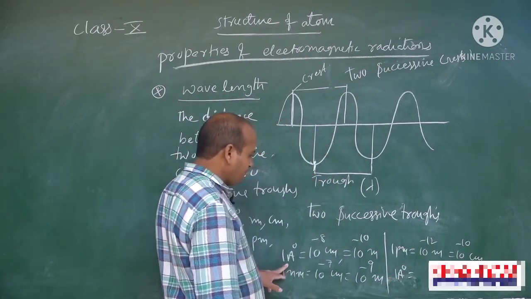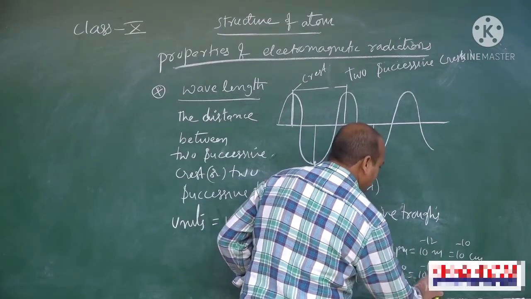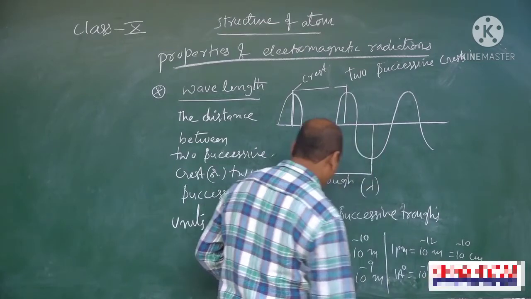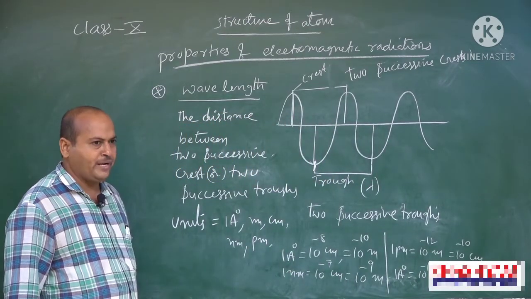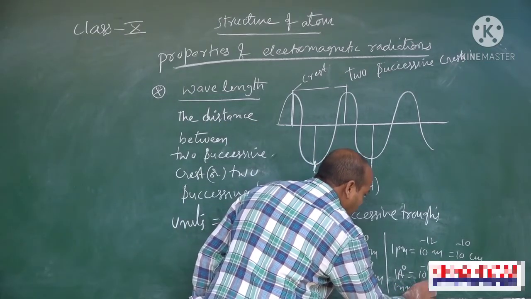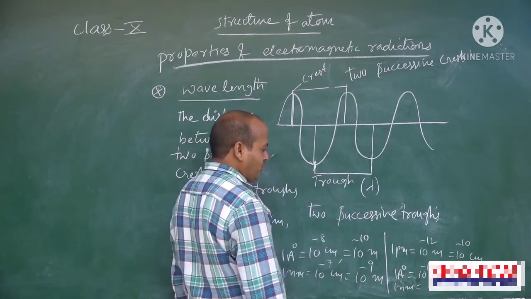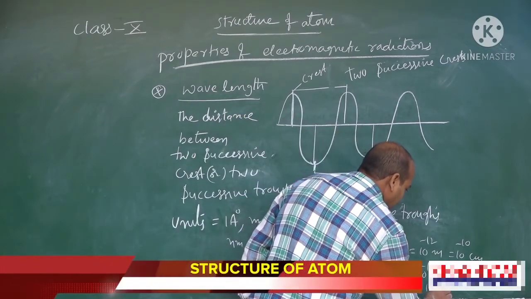1 angstrom is equal to 10 power minus 1 nanometer, or 1 nanometer is equal to 10 angstroms.